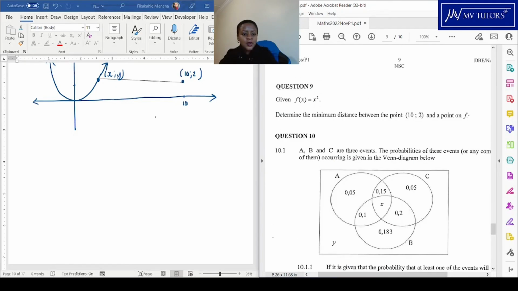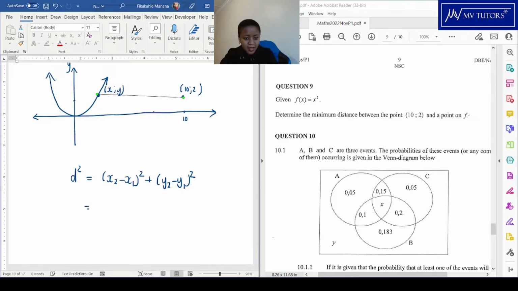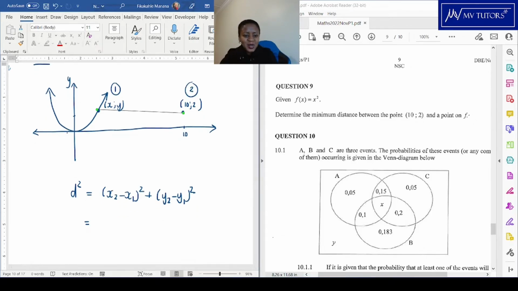The distance formula says d squared is equal to (x2 minus x1) squared plus (y2 minus y1) squared. I will take this as point 1 and I'll take that as point 2. So x2 is basically 10 and x1 is just x.